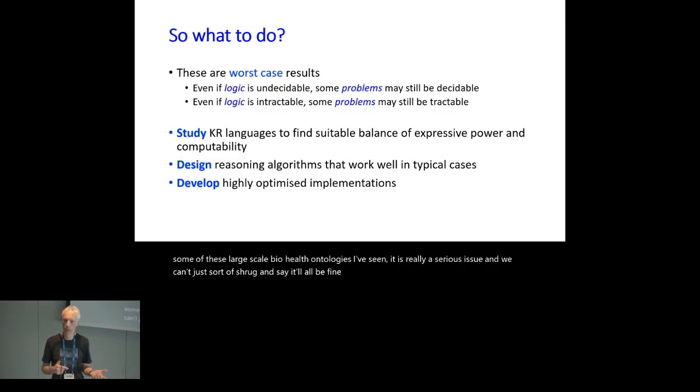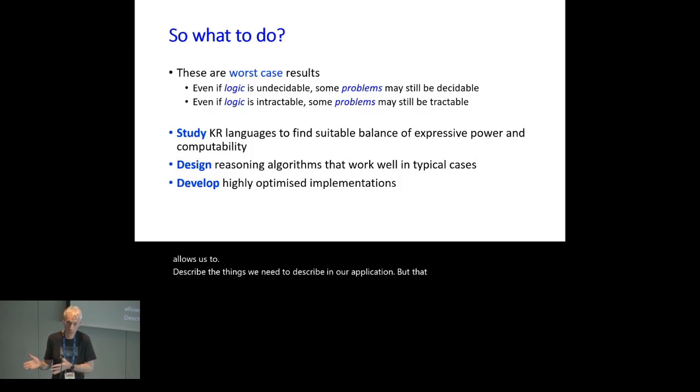But another way we can go is that we can study KR languages and try to find some sort of sweet spot that has good expressive power that allows us to describe the things we need to describe in our application, but that has better computational properties.